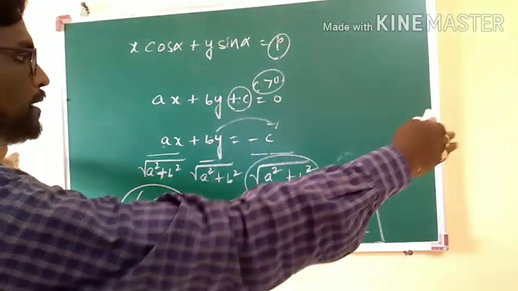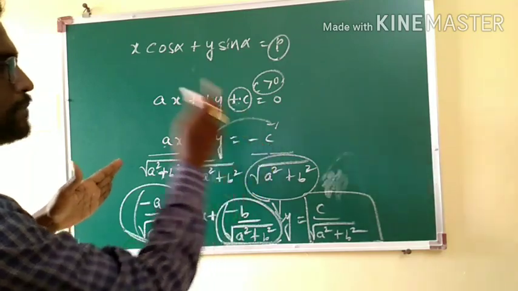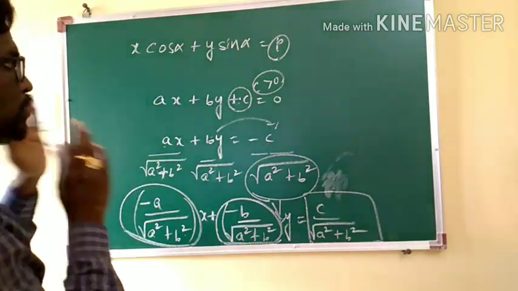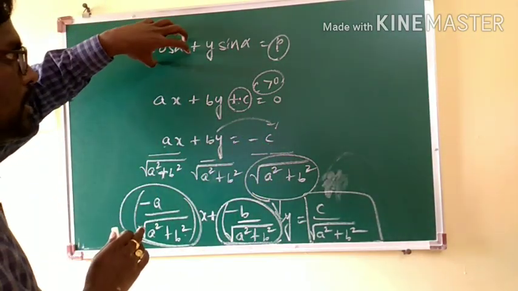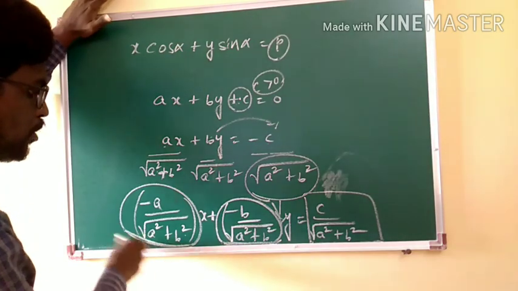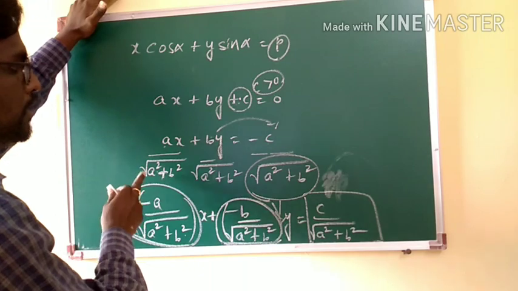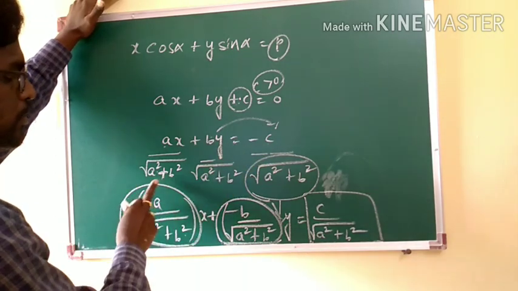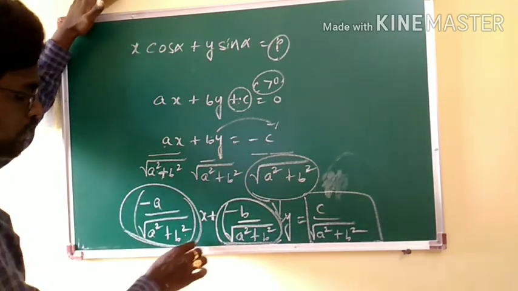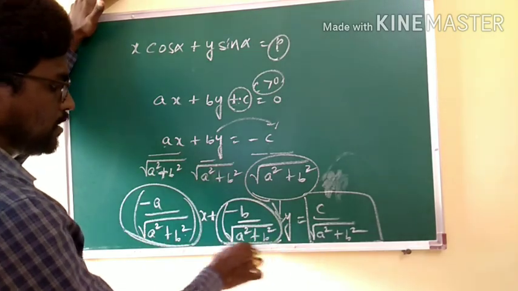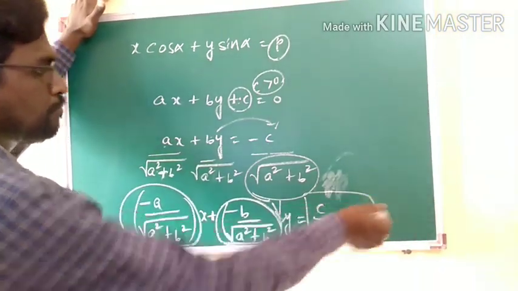That is the reason I am multiplying the entire equation by minus to get it positive. And to get this result in the form of cos alpha and sin alpha, in terms of some ratios, I am going to divide the entire equation by square root of a square plus b square. Therefore, this will give you cos alpha, this will give you sin alpha, and this will give you p.